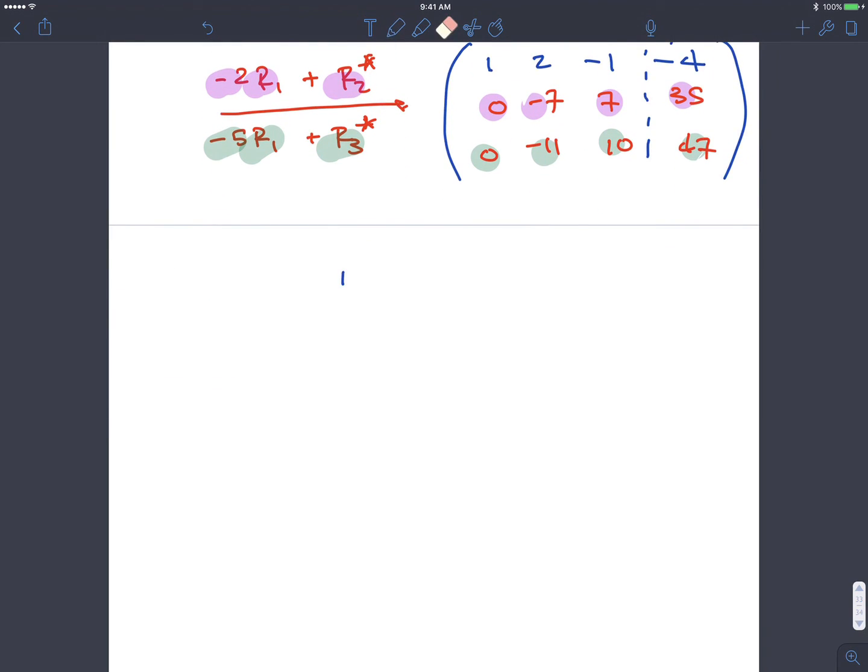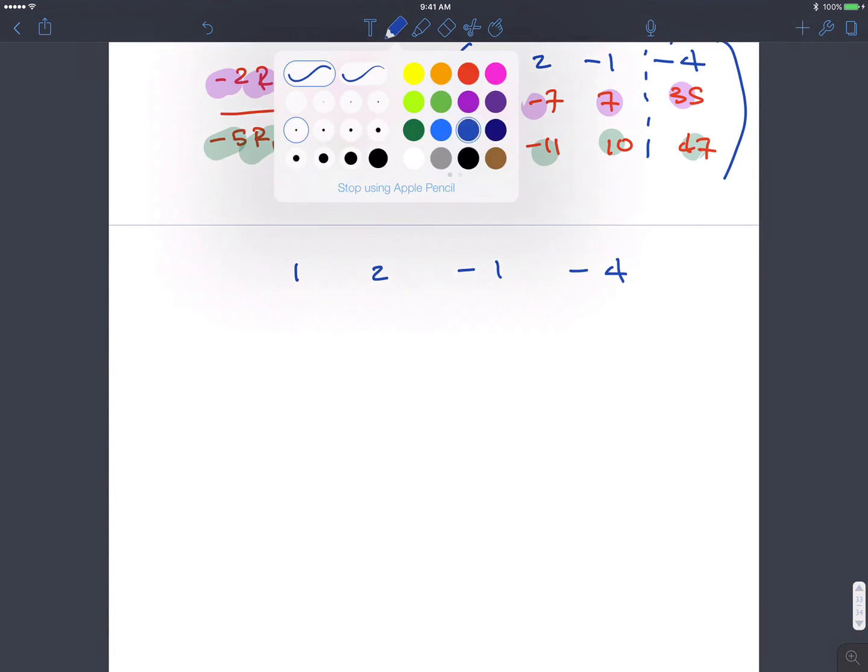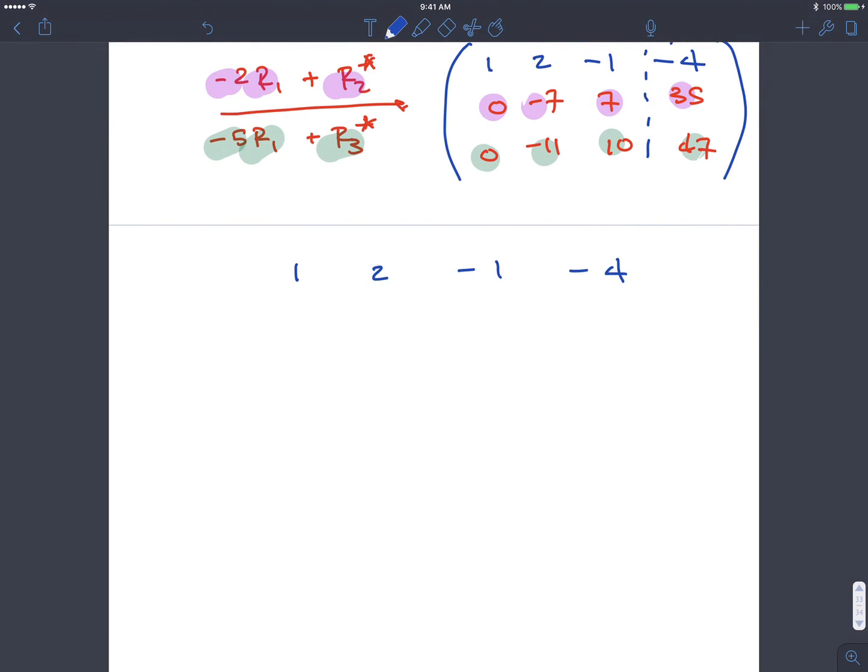One, we're going to write down the entries of our matrix here. 1, 2, -1, -4, 0, -7, +7, 35, 0, -11, 10, +47.